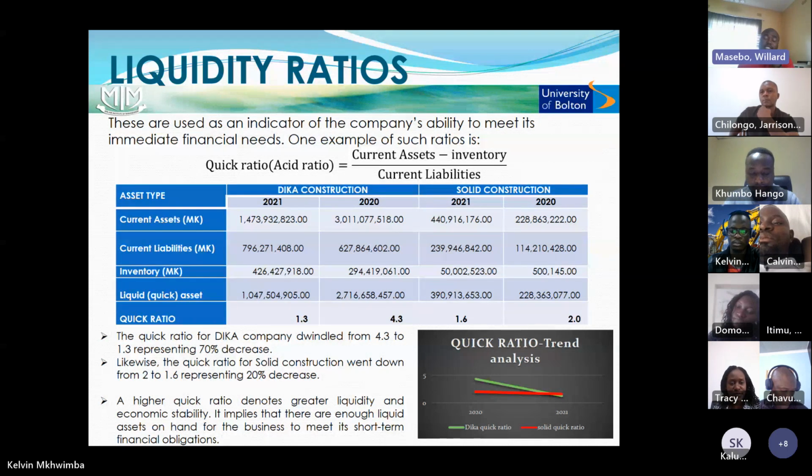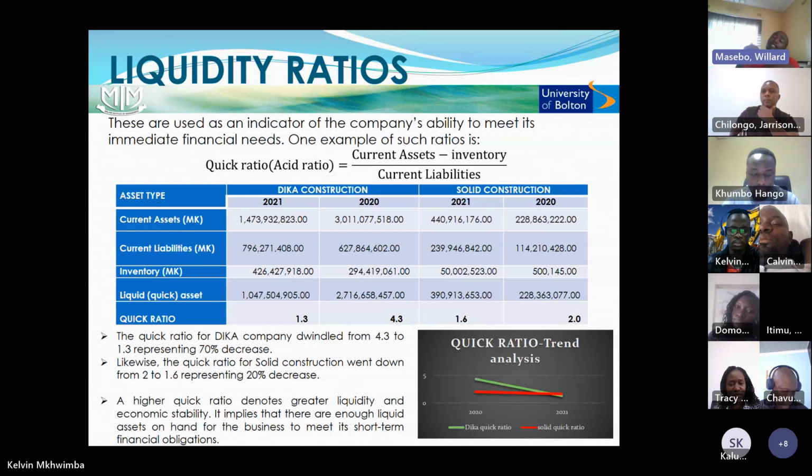We can still see that much as the quick ratios are dropping at that rate, we need to understand that the higher the quick ratio, the more it shows that the company has the ability to meet its immediate financial needs.